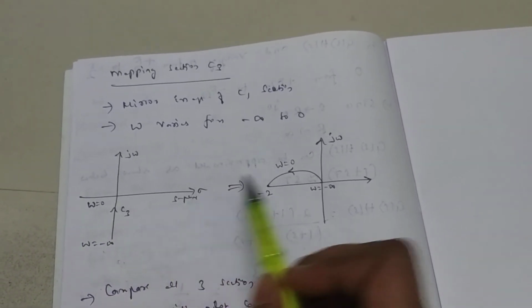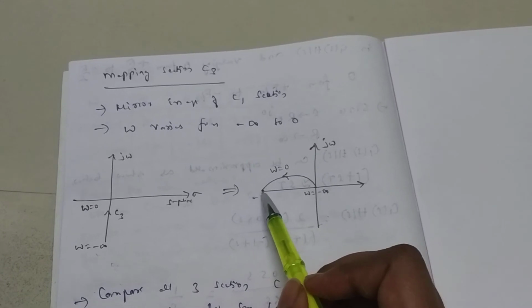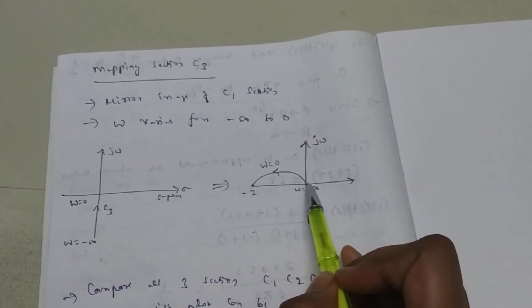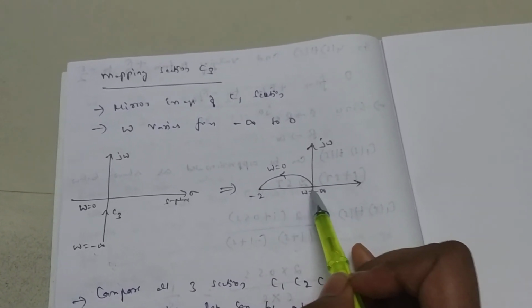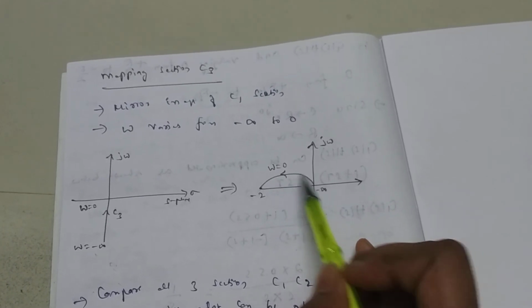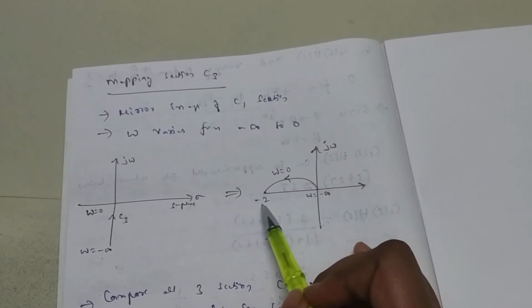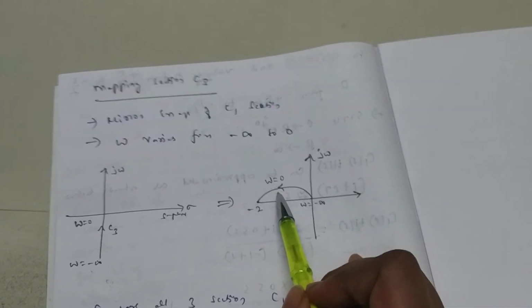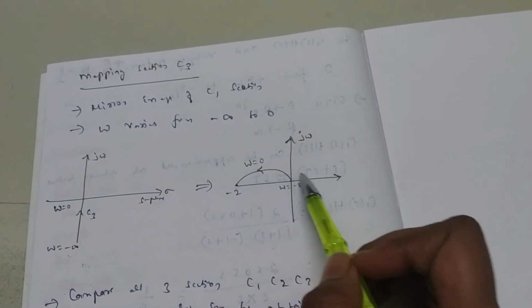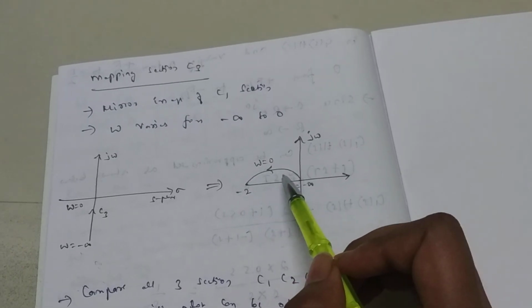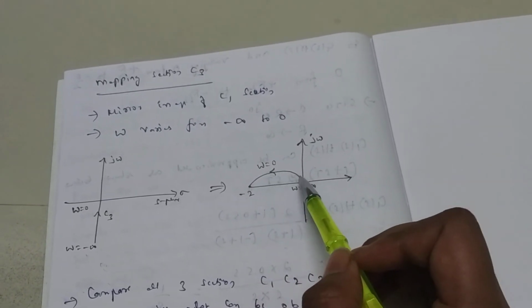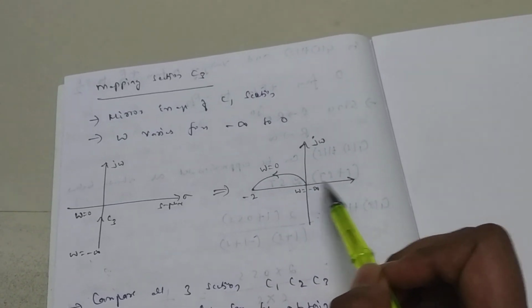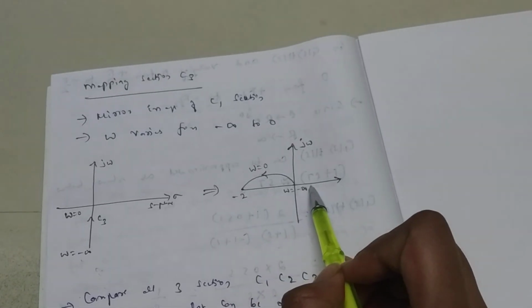This is the C3 value, and if it is like this, that is the C1 value. It goes from minus infinity to 0, so the direction has to be changed. Why? Because it is an inverse polar plot, a mirror image of the polar plot with respect to the real axis.